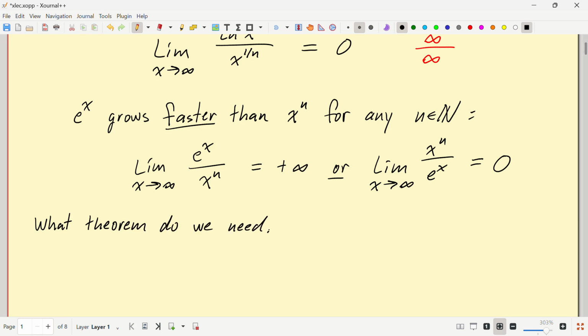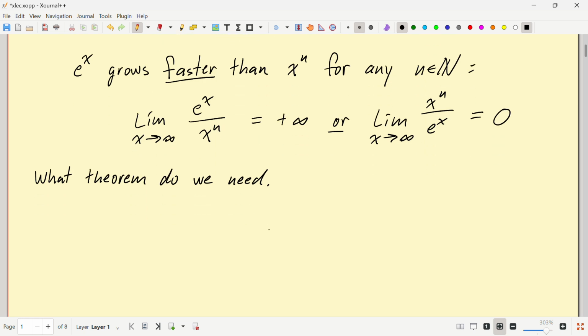These functions, log x and x to the 1 over n and e to the x and x to the n, are non-vanishing for big enough x, and their derivatives are non-vanishing.